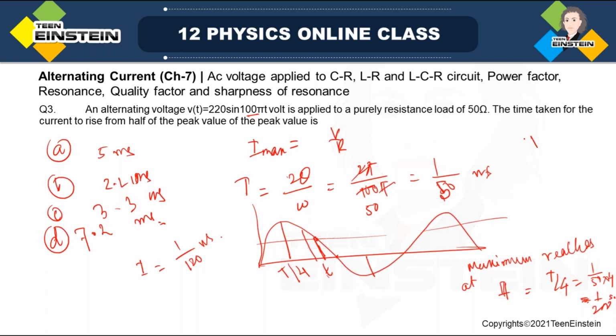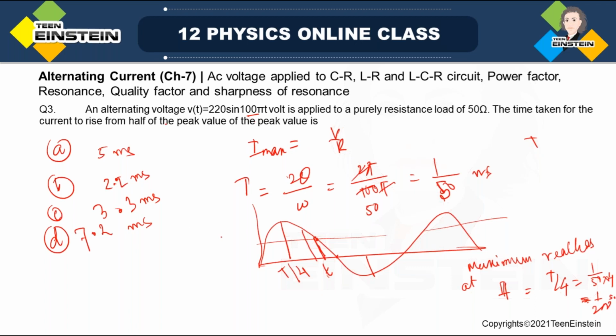Let me just make some space over here. These are actually milliseconds: 2.2 millisecond, 3.3 millisecond, 7.2 millisecond.